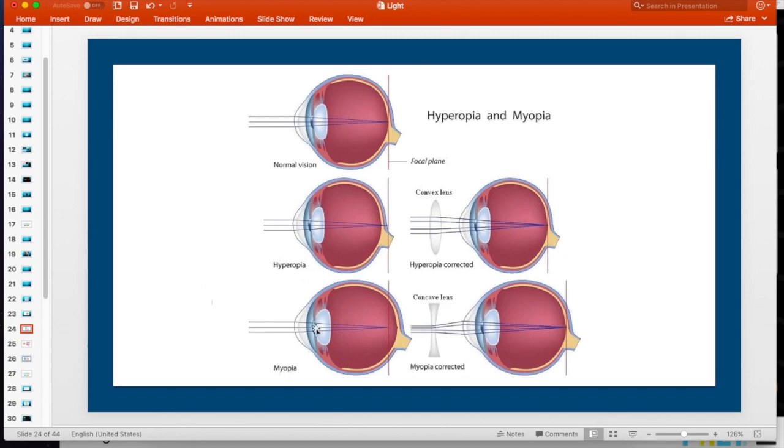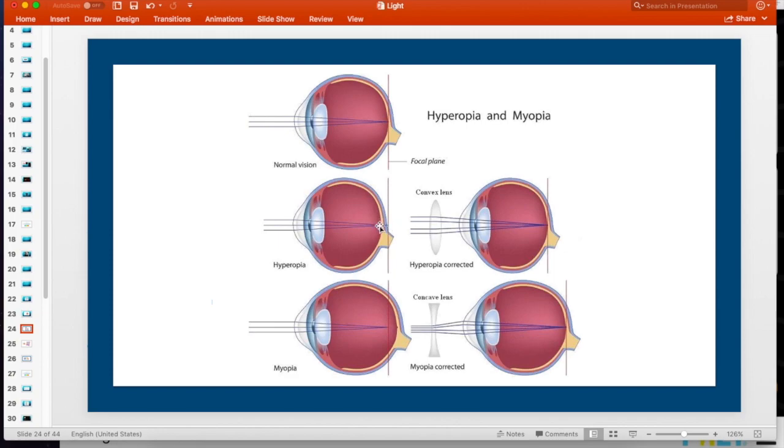Hyperopia and myopia are caused when the eye is not the right size and shape. Remember what the lens does. It has to take those light rays and focus them on the retina. Well, think about this. If your eye is too short, then the best place where your lens is focusing those light waves is actually behind your retina.